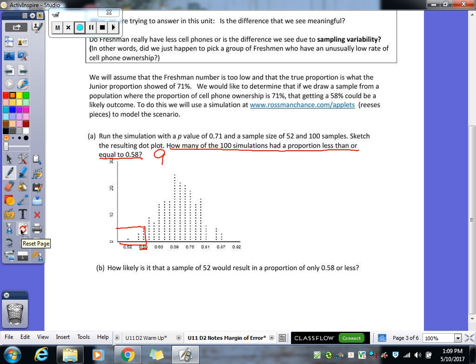They want to know how likely it is that a sample of 52 would result in a proportion of 58% or less. I got 100 samples here, and out of those 100 samples, only 9 of them were 58% or less. So was it very likely? No. Not likely.